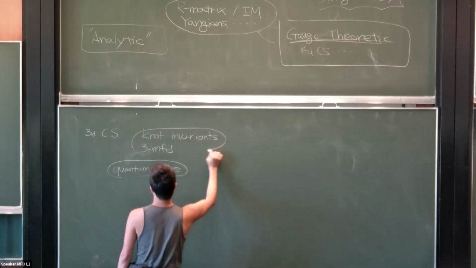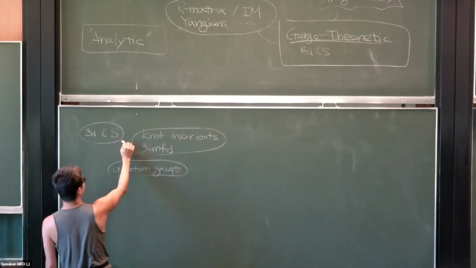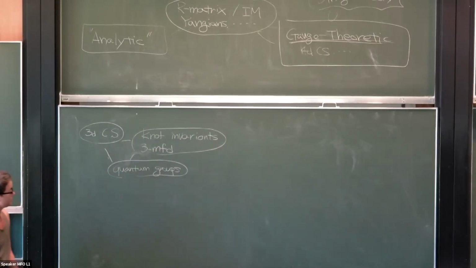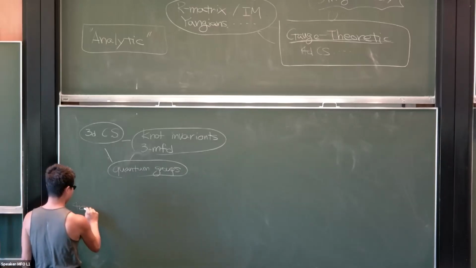So these are related aspects, and this was a very important topic. And what is happening at the level of 4D Chern-Simons is somewhat similar. So we have this for 4D Chern-Simons.